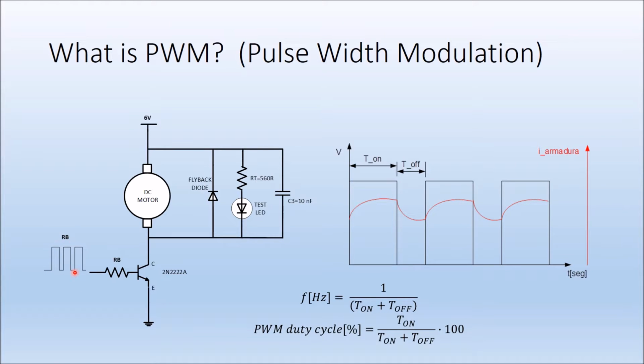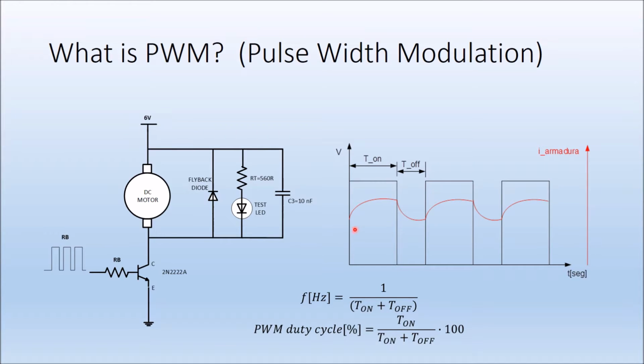What happens then is that the current flow from the power supply down to ground will be interrupted by these pulses. So when the transistor is saturated, the current will go directly through the motor towards ground, and the pulse that the motor sees will be this square pulse, this voltage.